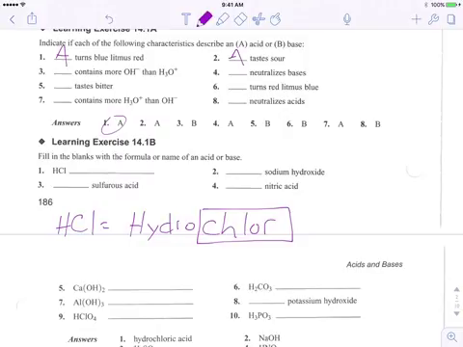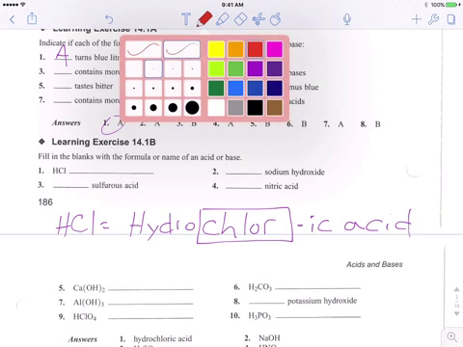And then the ending, the suffix, is going to be ic. And then, of course, acid. So hydrochloric acid.